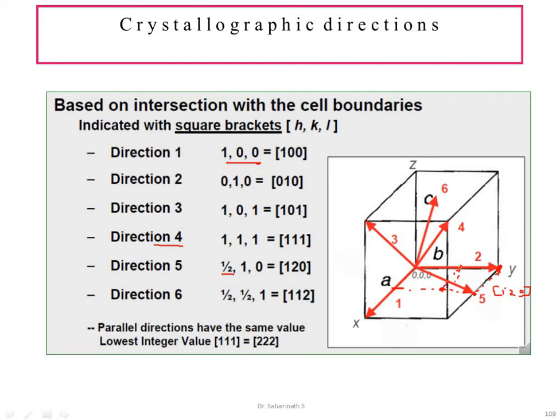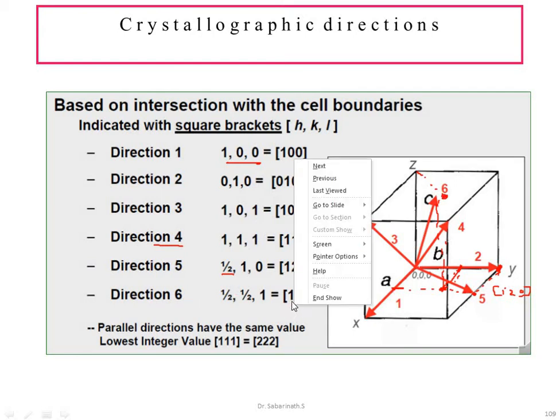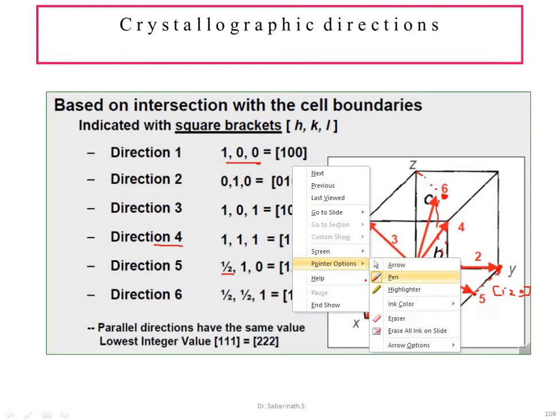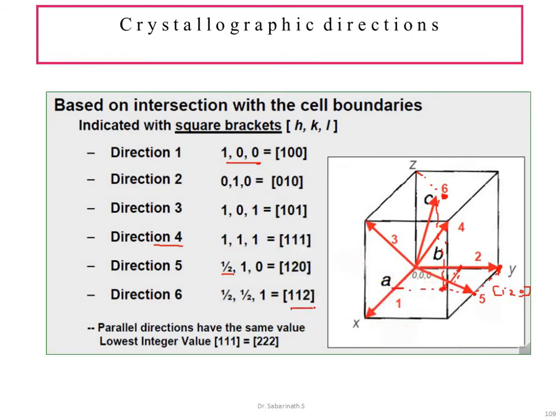More clearly, this half, and in the y-axis it will lie in this plane, so it will go and join, and this point is termed as 6, which is represented by 1, 1, 2.